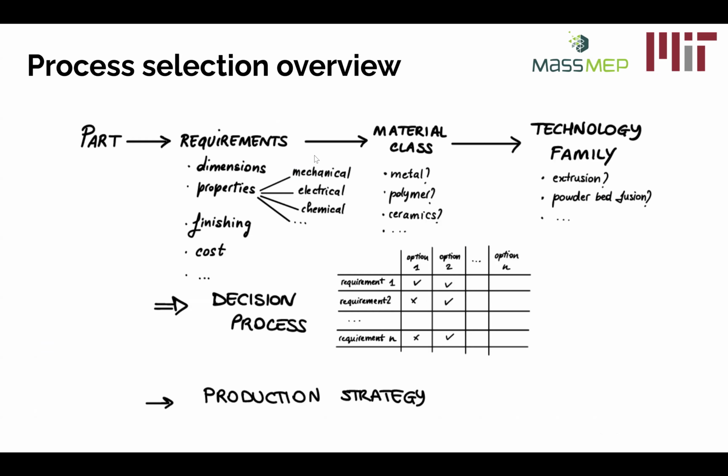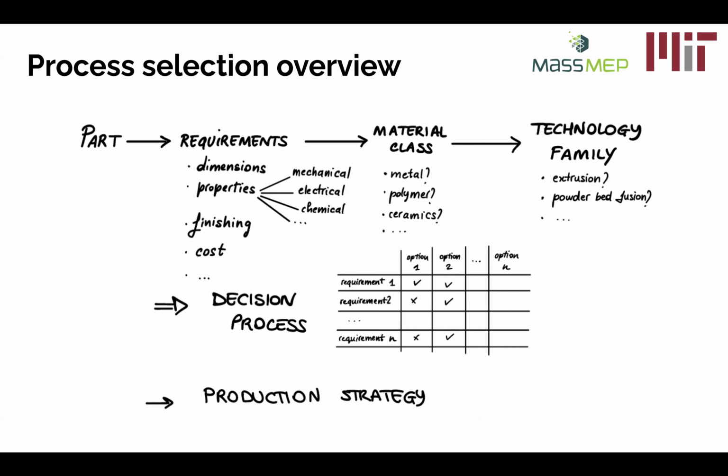One thing you can do in order to help you with the down selection of different processes, because it can be quite overwhelming. We talked about it. There are many different materials, many different processes. How can you handle all of that? You can handle it just by starting with what you know best, which is your application, which is your product.